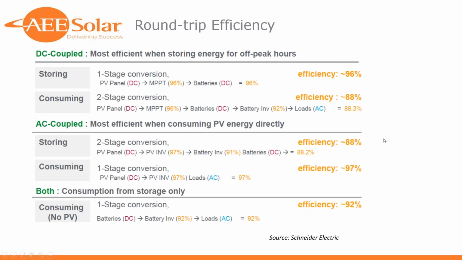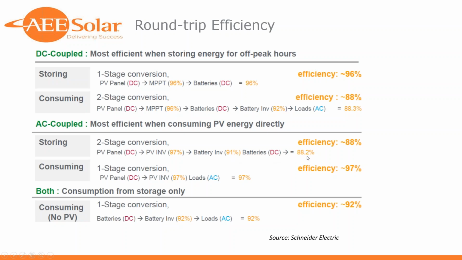In an AC coupled system, when we're talking about storing energy for later, we've got two stages, from the DC array to the PV inverter. So you see here that the PV inverter is going to be more efficient than an MPPT charge controller, as we would expect. We've got not a conversion, but a kind of pass-through to the battery inverter, and we've got some losses there.